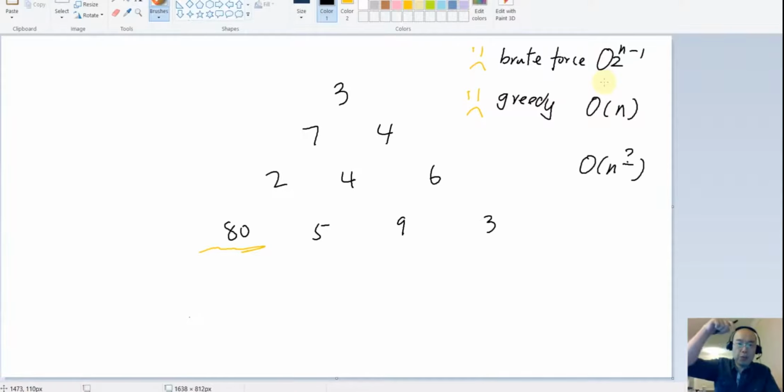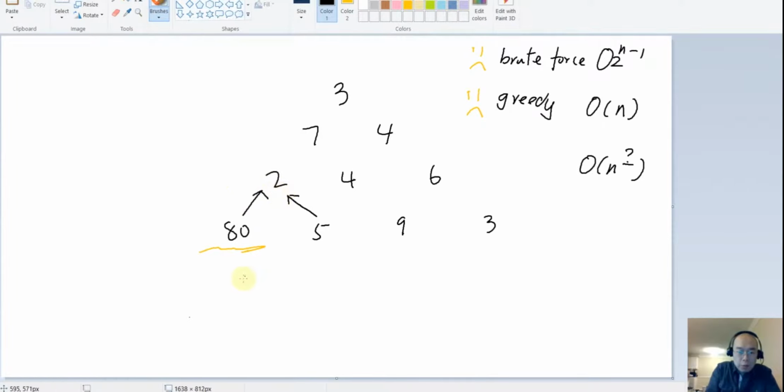Instead of tracing the pyramid from the top to the bottom, we want to trace the pyramid up. What do I mean here? For the 80 and the 5, we trace them up. If we trace 80 up to 2, we get 82, right?